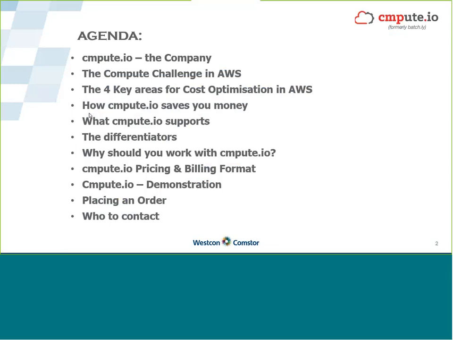And exactly what Cmpute IO supports, their differentiation points, and why you should work with Cmpute IO. Then we have a very interesting part, Cmpute IO pricing and billing, and you're going to be surprised how the pricing is calculated. Then Kalpesh will do a Cmpute IO demonstration for about 5 minutes, and then we'll show you how to place an order and who to contact. So that's the agenda for this webinar.